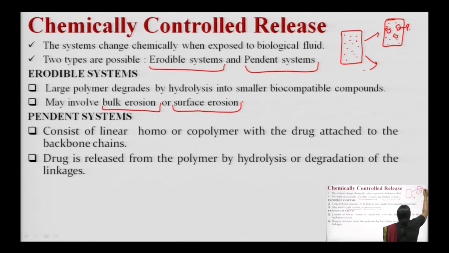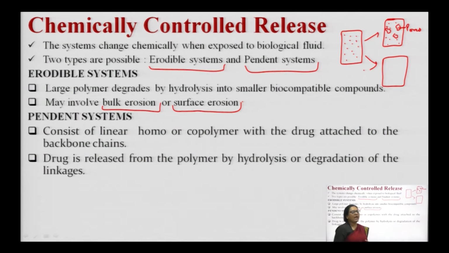These indicate basically the pores in the polymer matrix. So, these pores will allow the water or the dissolution fluid to penetrate into the matrix and dissolve the drug and cause the drug release.